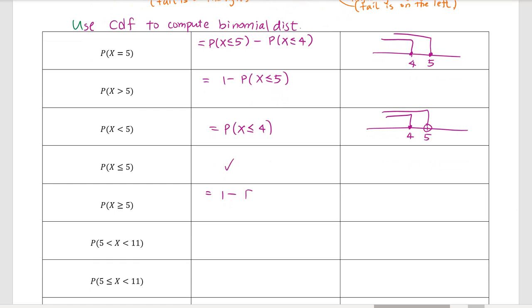We first want to compute the complement because we want to have less than or equal to. So the complement of greater than or equal to 5 is less than 5. Well, less than 5 is what? Less than or equal to 4. So far, so good, everyone.